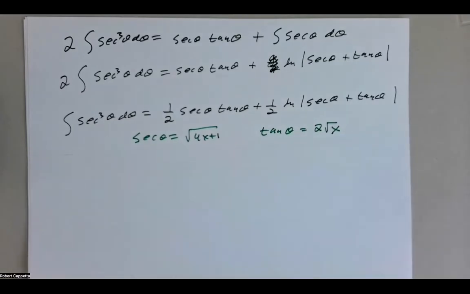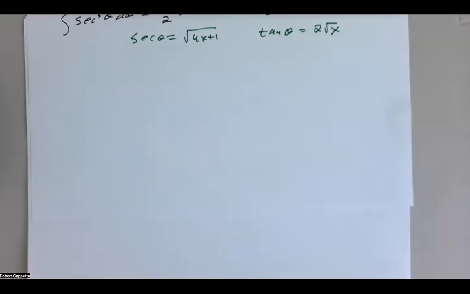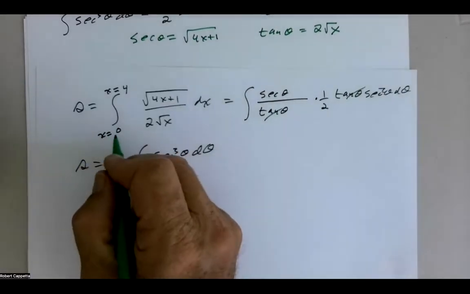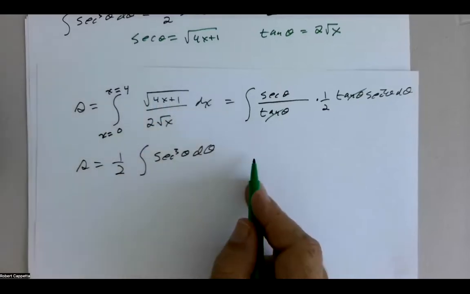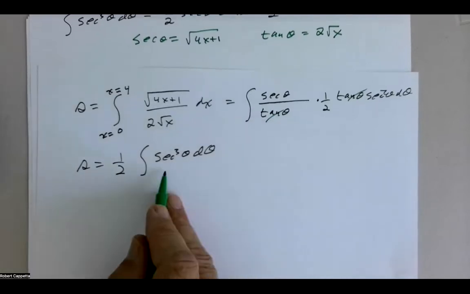But we need to recognize that all the way back here is where we were. We originally had S as the integral as x goes from 0 to 4 of root 4x plus 1 over 2 root x dx. Then we got down to this point where S was 1/2 times the integral of secant cubed theta.